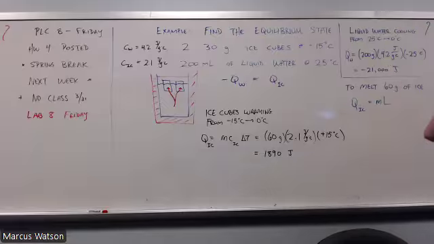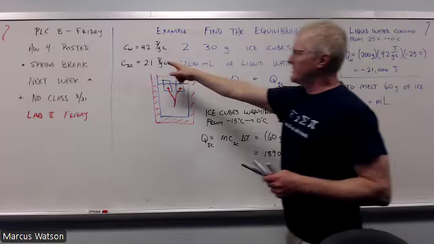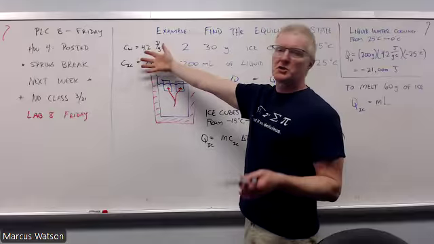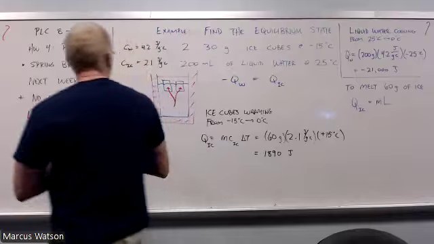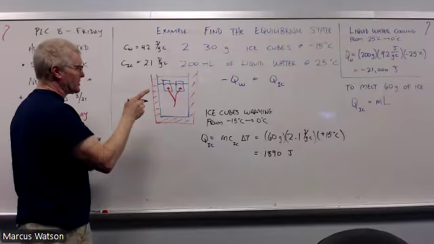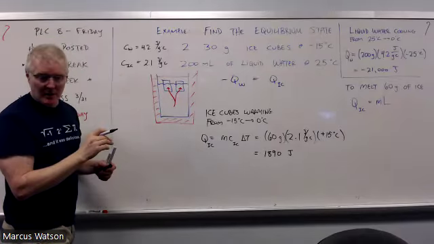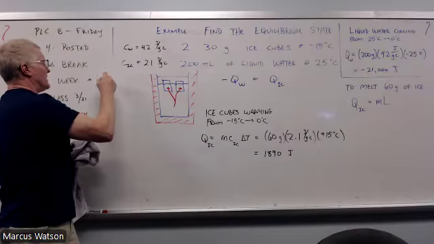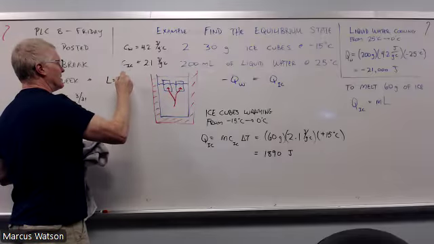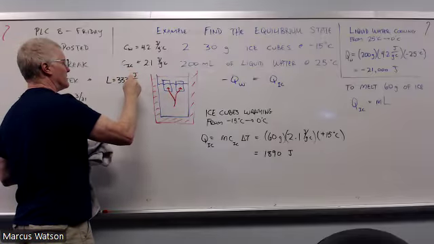So this L number is one of those, just like the specific heats up here. We're going to assume this is a known, especially when it comes to water. For the ice to liquid transition, the L value is 333 joules per gram.